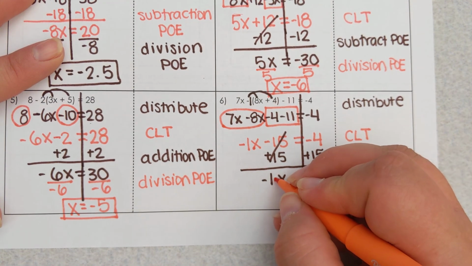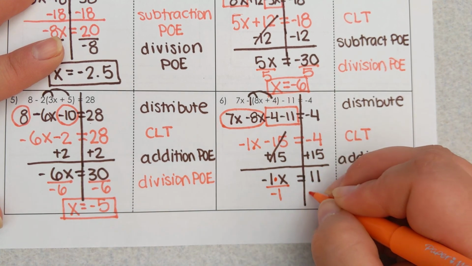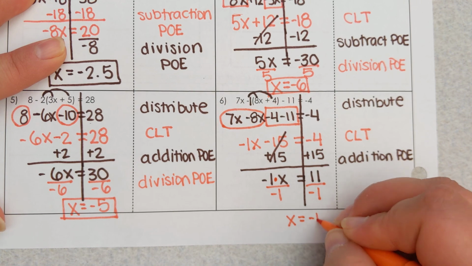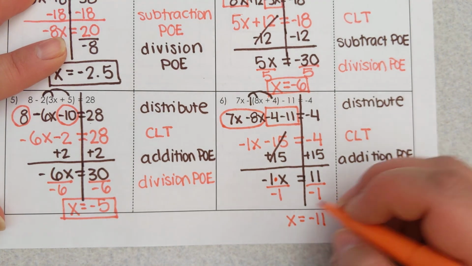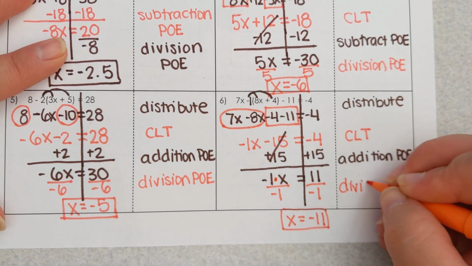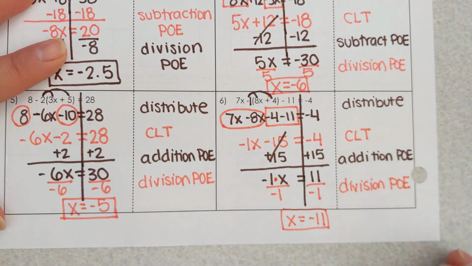And then this is negative 1 times x. So we'll divide by that negative 1. And x equals negative 11. Okay.